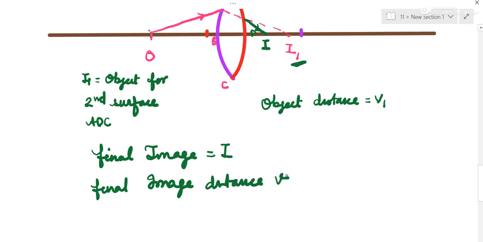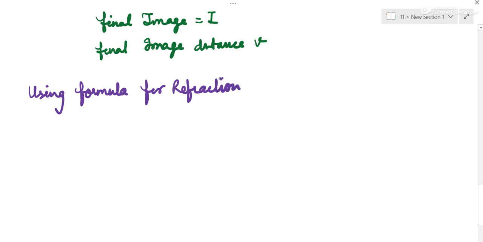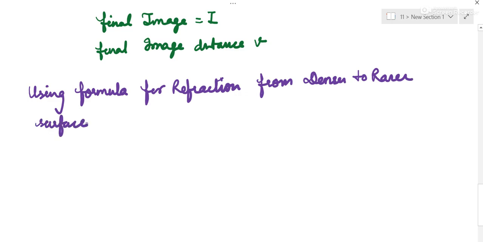Now we will use formula for refraction again, but this time because we are hitting against second surface, we are going from denser to rarer. So we'll use that formula. Using formula for refraction from denser to rarer surface, what will we get?